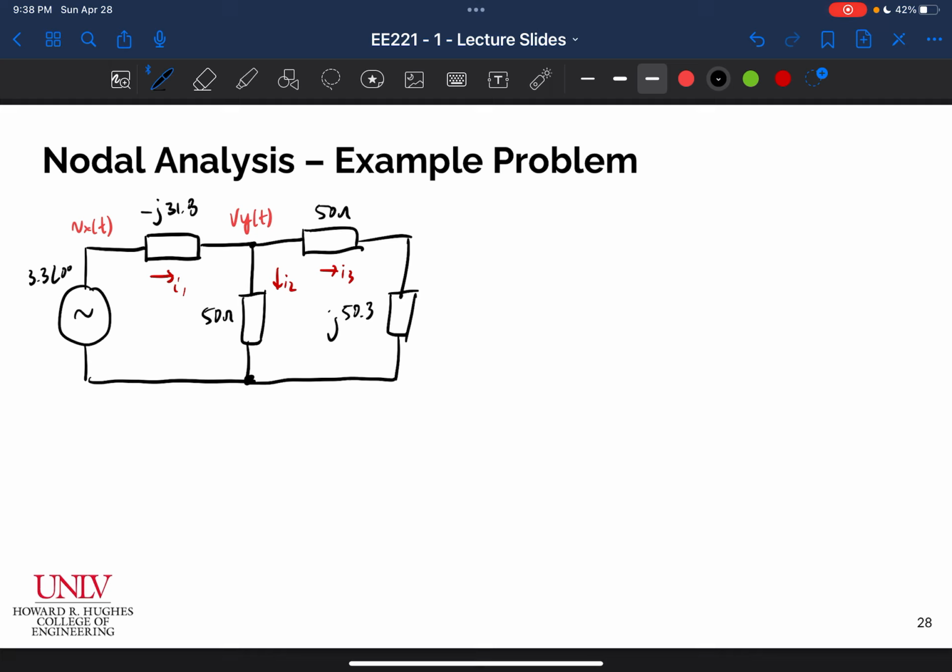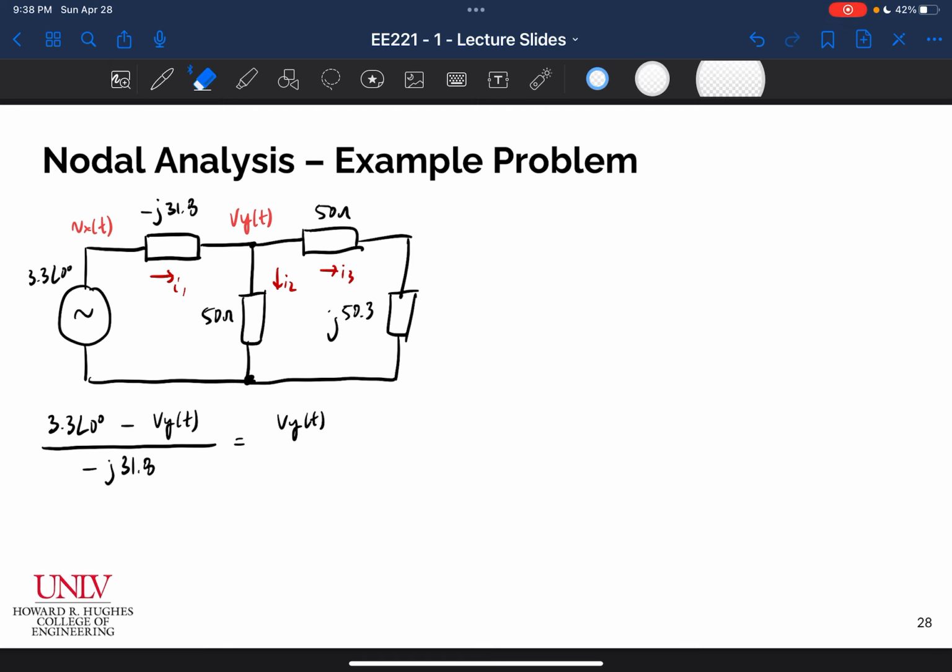So I1 is basically going to be Vx, or 3.3 angle 0, minus Vy of t over negative j31.8, right? Equals, and then I2 is just going to be Vy of t. You know what? Instead of writing these in terms of t, we're in the phasor domain, so let's write them as phasors.